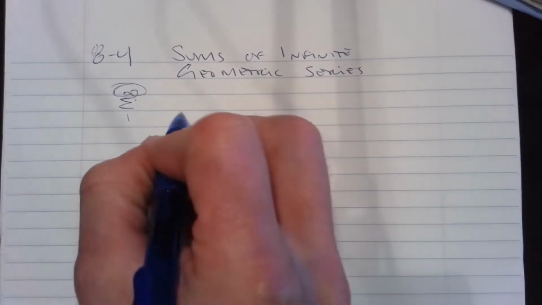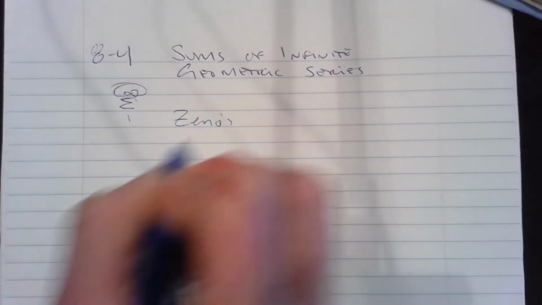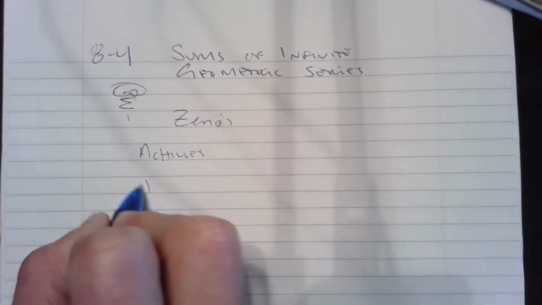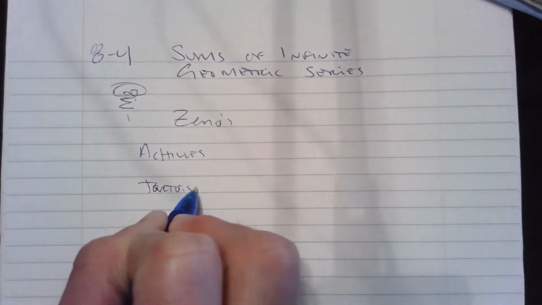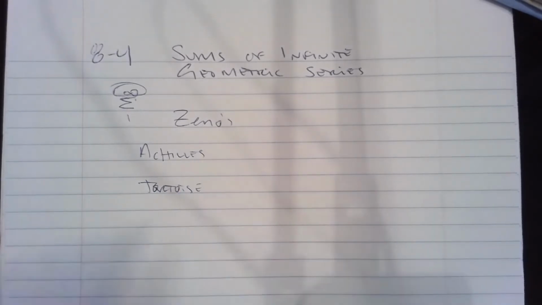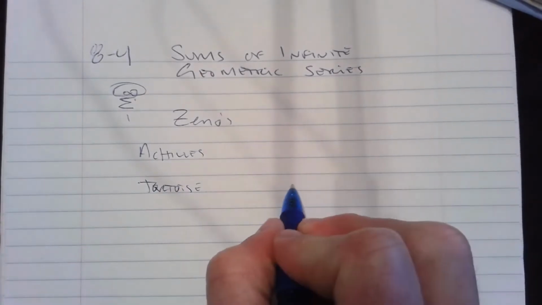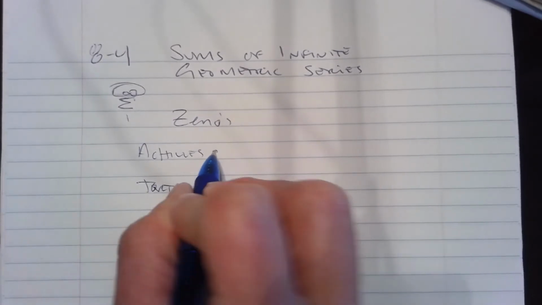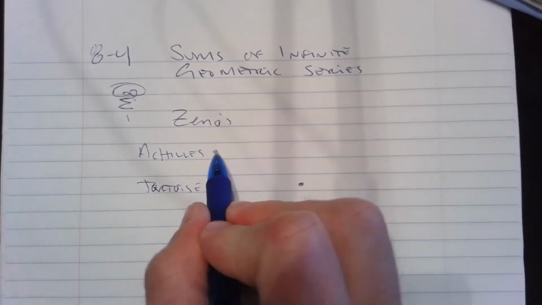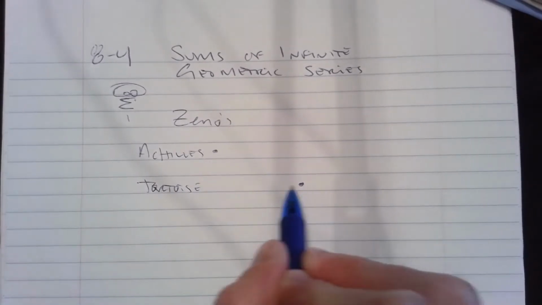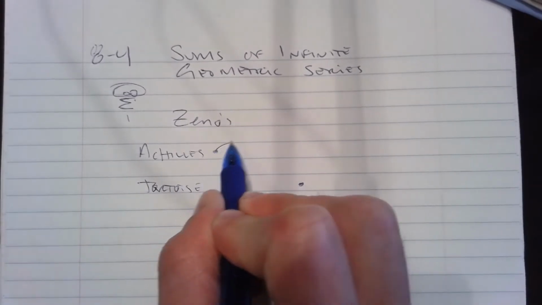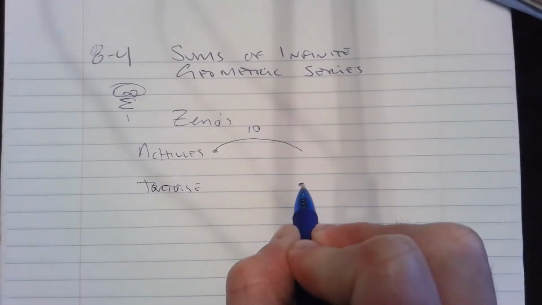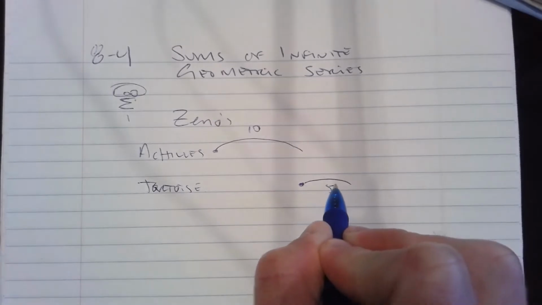Do you remember Zeno's paradox with Achilles and the tortoise? And remember how Achilles and the tortoise were going to be in a race, but the tortoise got to start 10 meters ahead of Achilles. When they were allowed to start the race, in the time it took Achilles to go 10 meters, the tortoise went 5.